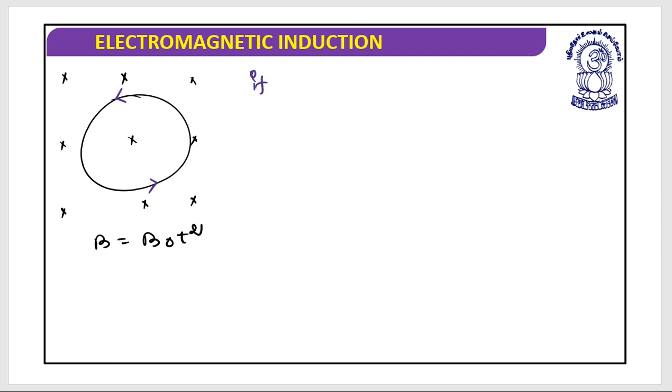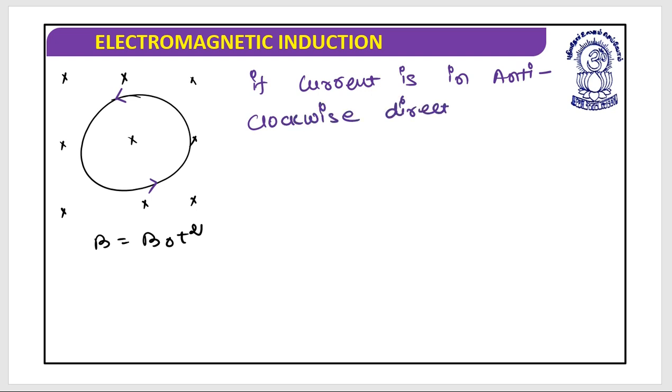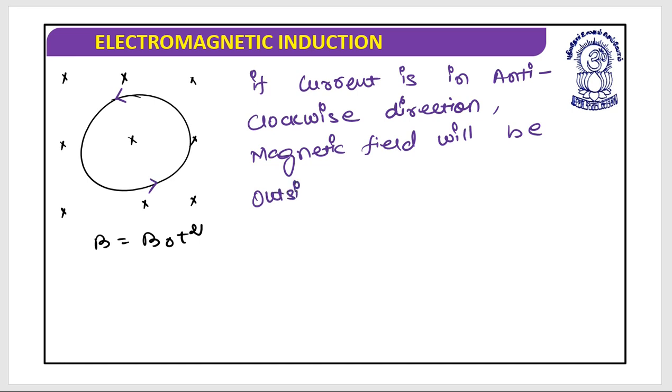So if the current is in the anti-clockwise direction, then the magnetic field will be outside the plane of the paper.